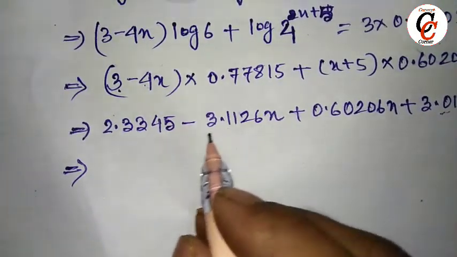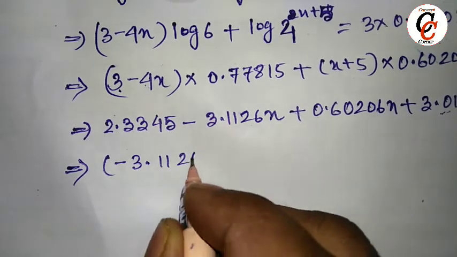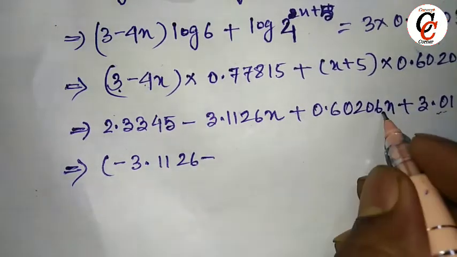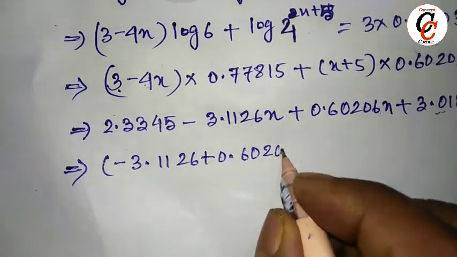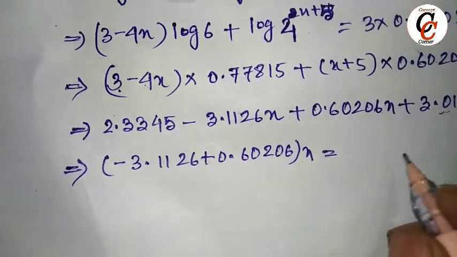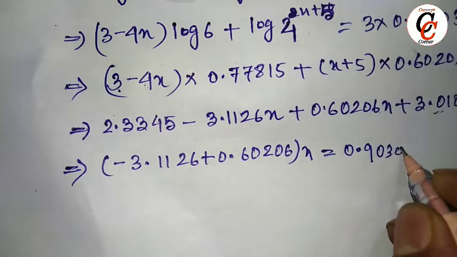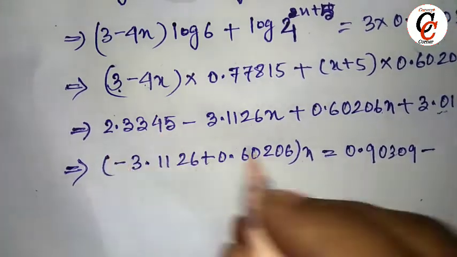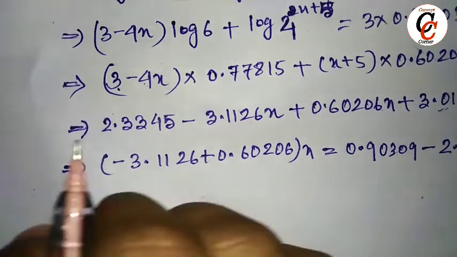Now see, we will write the x containing terms together, and the terms without x together. So the x containing terms are minus 3.1126 plus 0.60206 into x.